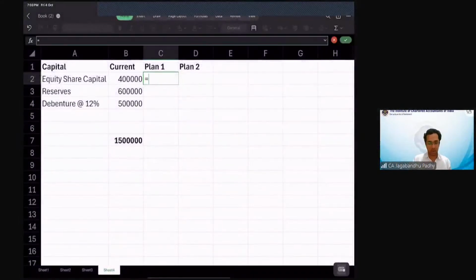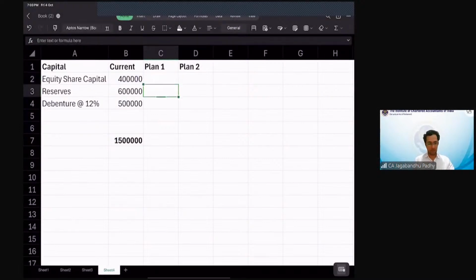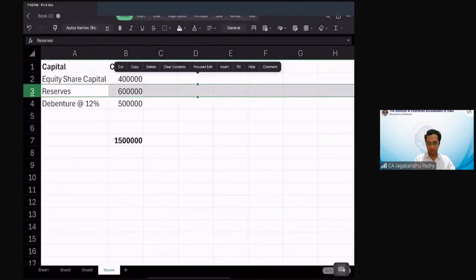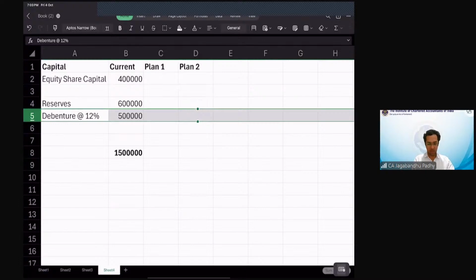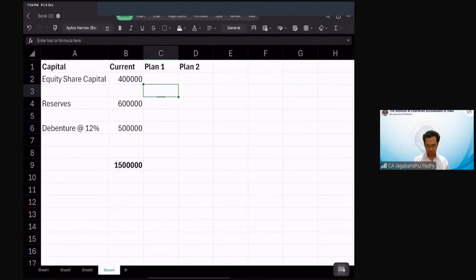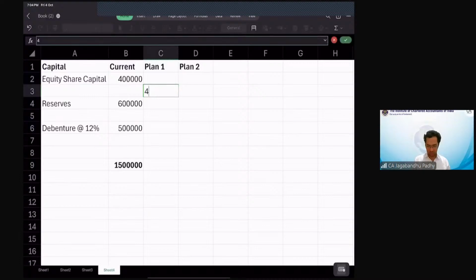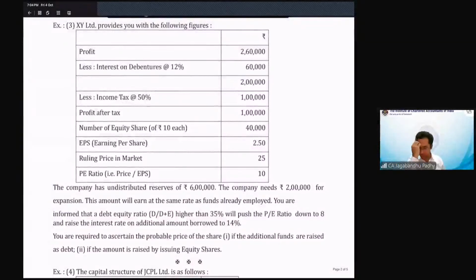So can you tell me what will be the amount of equity share capital in plan 1? Because in plan 1, we are issuing this, can I say 4 lakh plus how many shares do we need to issue?